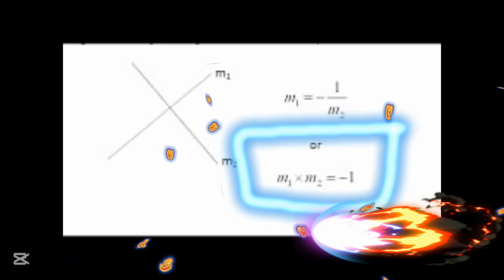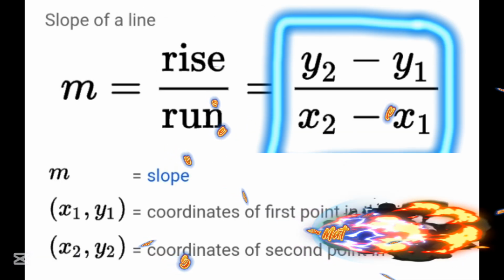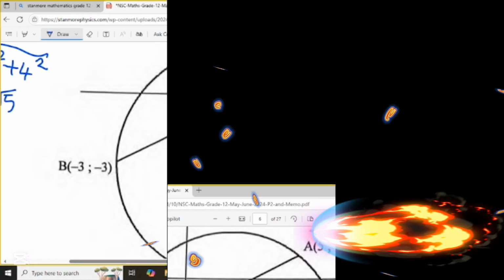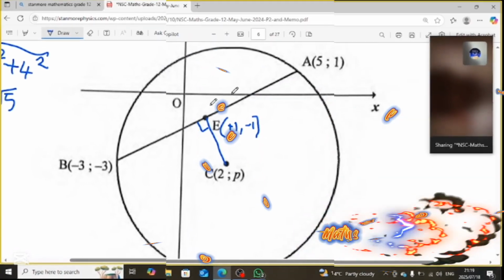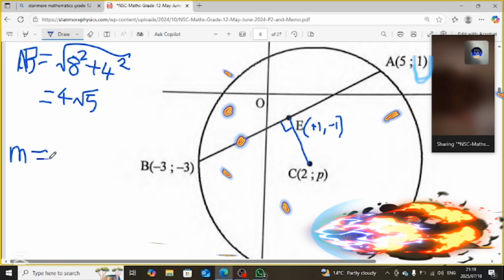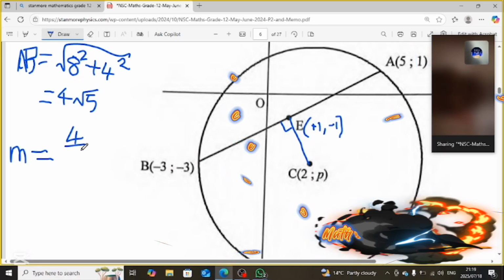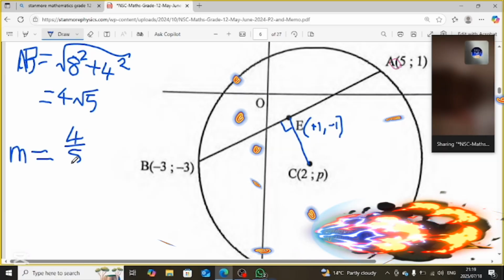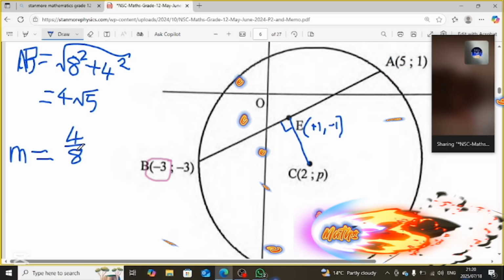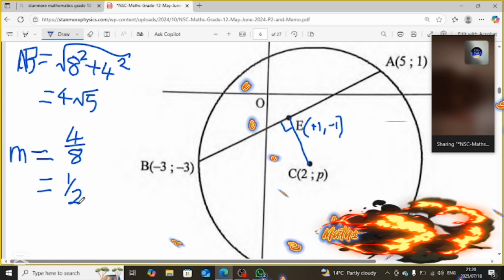The product of the gradients of perpendicular lines is equal to -1. Now using the gradient formula, we are going to calculate the gradient of AB: y of A as 1 minus y of B as -3, giving us 4, all over x of A as 5 minus x of B as -3, giving us 8, which is equal to 1 over 2.